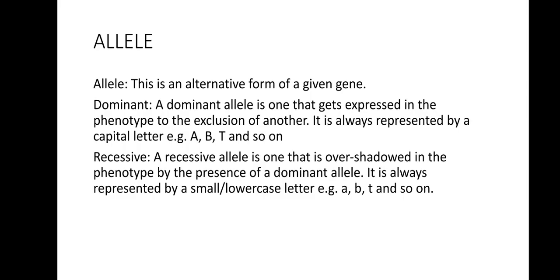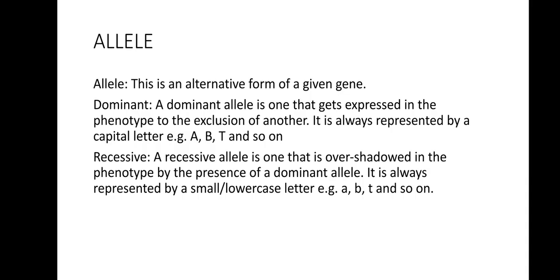While a recessive allele is one that is overshadowed in the phenotype by the presence of a dominant allele. A recessive allele does not have power in the presence of a dominant allele. It only has power if it's alone.